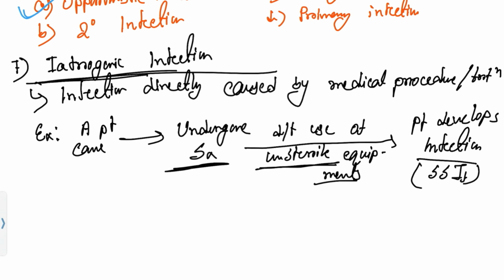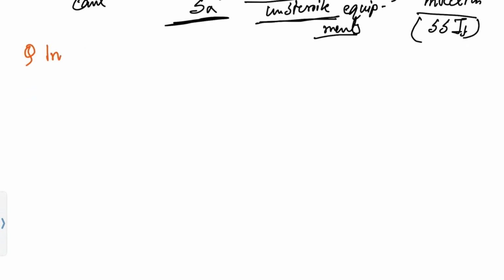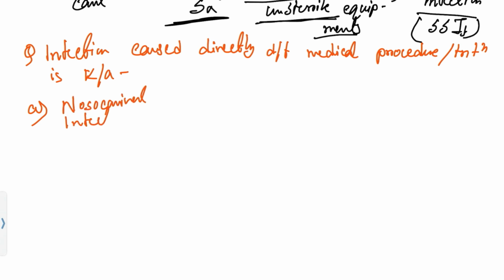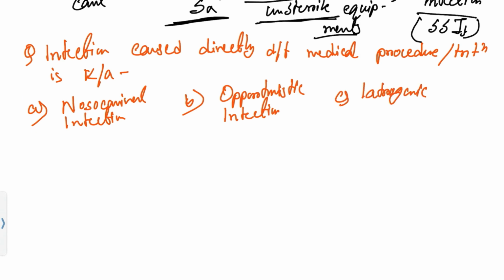I hope you understood. Now, if an MCQ comes from this topic, how will the examiner form it? Like: infection caused directly due to medical procedures or treatment is known as, and your options will be nosocomial infections, opportunistic infection, iatrogenic infections, and secondary infections.